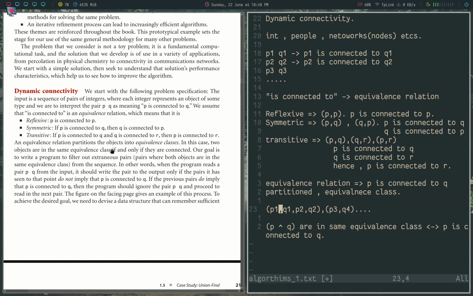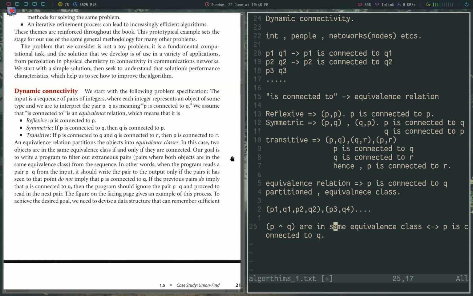And because it's an equivalence class, Q1 is connected to P1, and Q1 is connected to P2, and Q1 is connected to Q2, and so on. But we can't say that P3 is connected to P1 because these are individual equivalence classes.